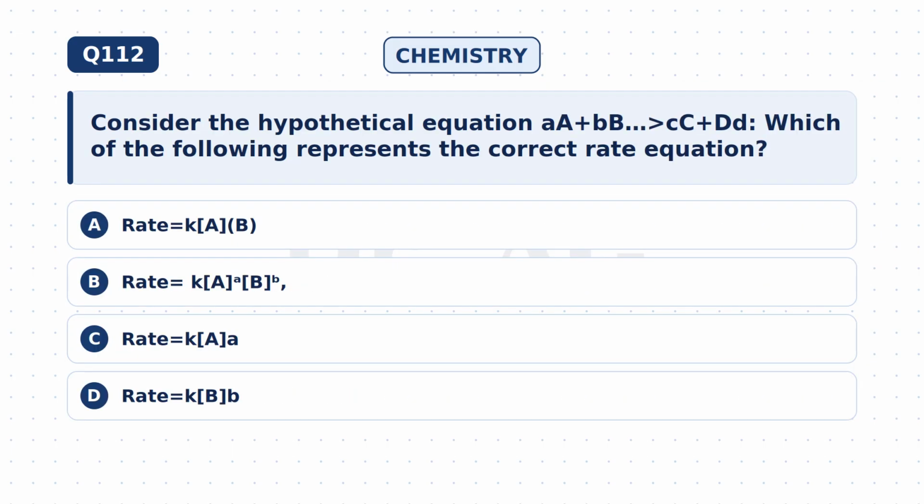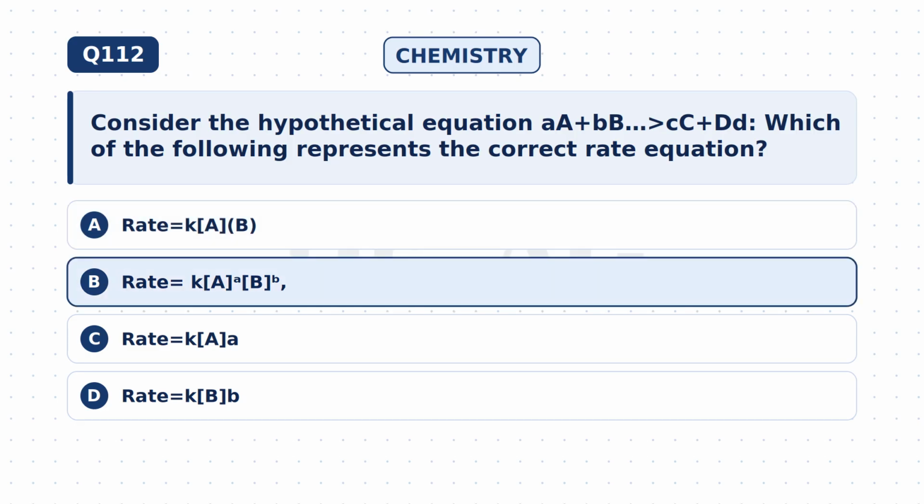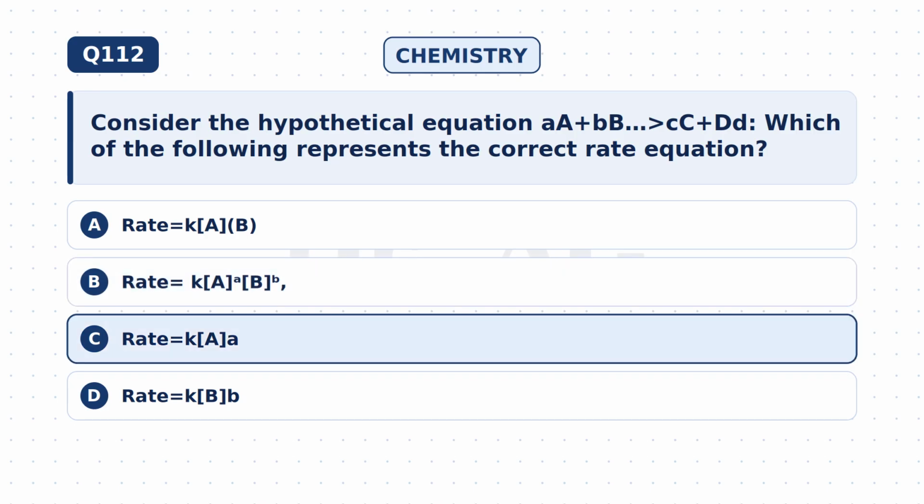Question 112. Consider the hypothetical equation aA plus bB gives cC plus dD. Which of the following represents the correct rate equation? Option A, rate equals k[A][B]. Option B, rate equals k[A]^a[B]^b.